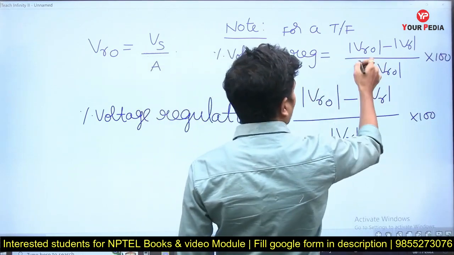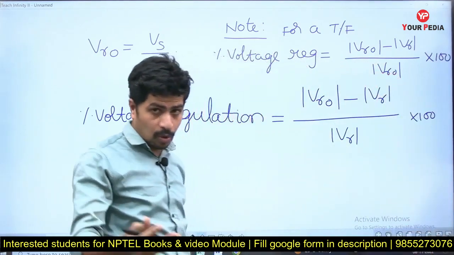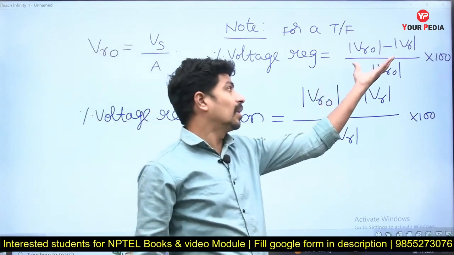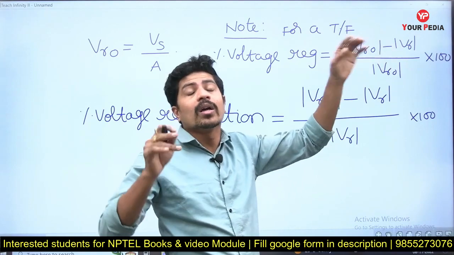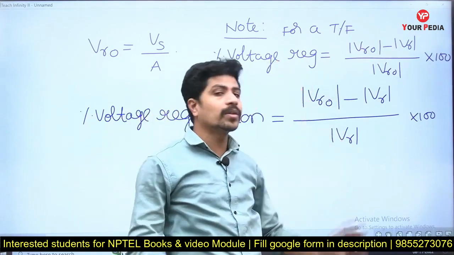As no load voltage is always the larger value, you are going to get a smaller value. That's why it is called regulation down. Remaining all are regulation up. Therefore by default regulation means regulation up only.